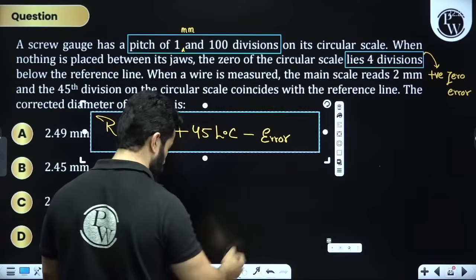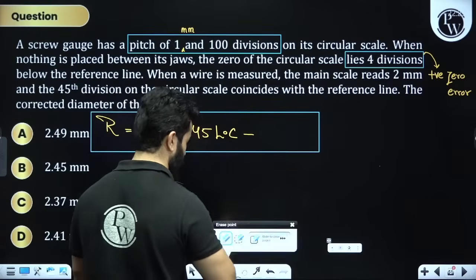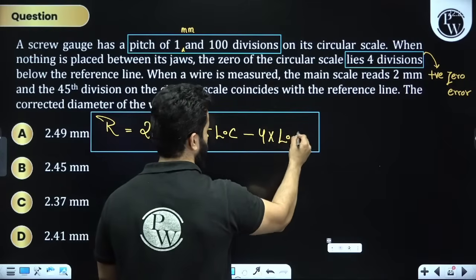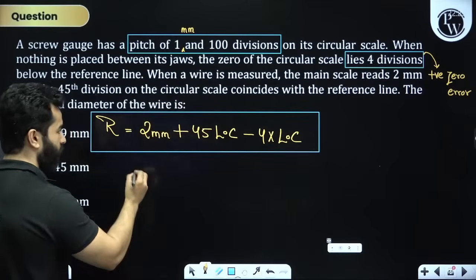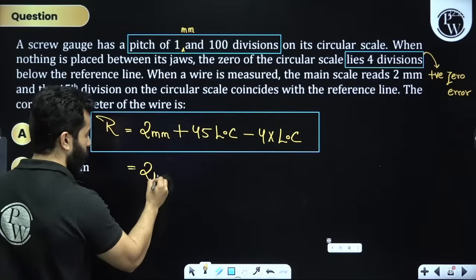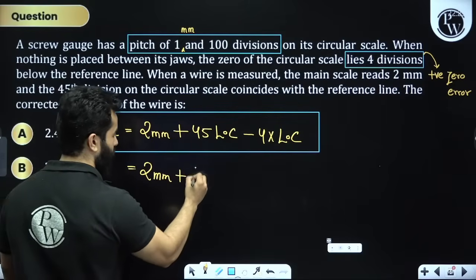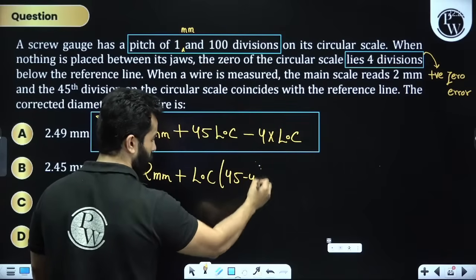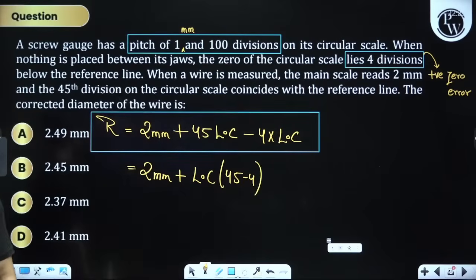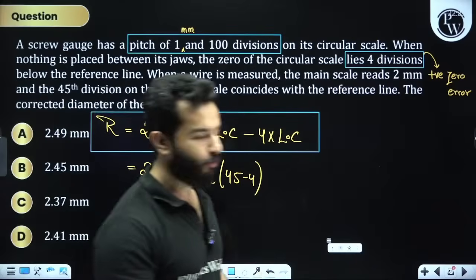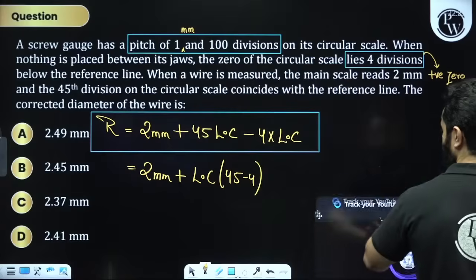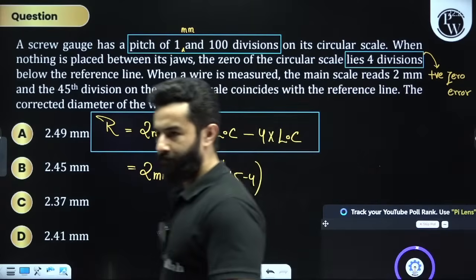And if you want me to write what that error is, that's 4 multiplied by least count. So the answer will be 2 millimeter plus least count times 45 minus 4. So you just have to find out the least count value. 45 seconds. Let's start. Be quick.